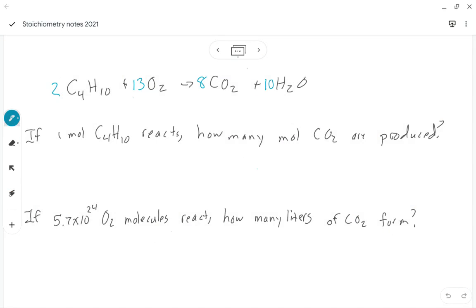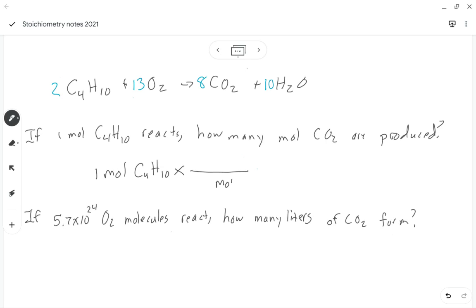Let's look at another example. It says if 1 mole of C4H10 reacts, how many moles of CO2 are produced? So we have 1 mole of C4H10 and we want to find moles of CO2, so we want to switch compounds.